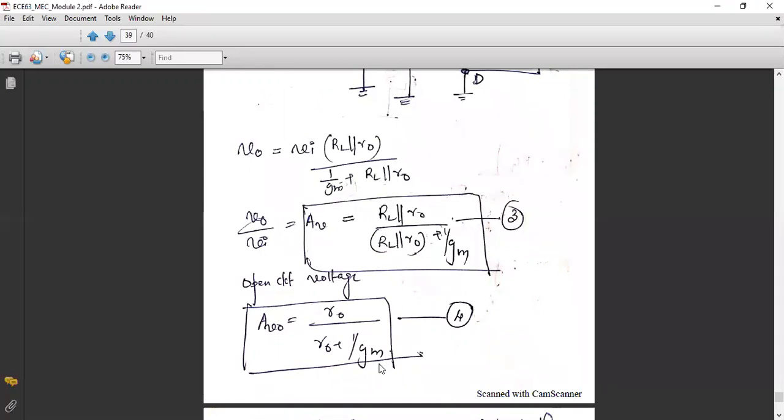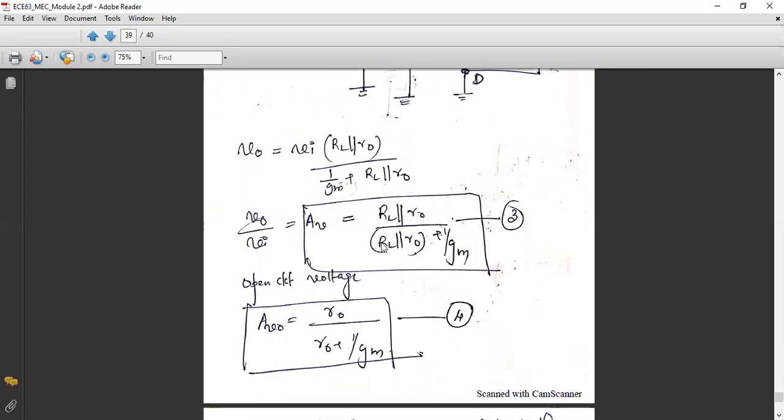Open circuit voltage gain means we need to find the gain without connecting the load. So we have to disconnect the load resistance from our scenario. In this equation we had RL, but in order to write Av0, I will throw away this RL and retain the remaining terms only. So R0 will be there, divided by R0 plus 1 by gm, and here also I neglect RL.